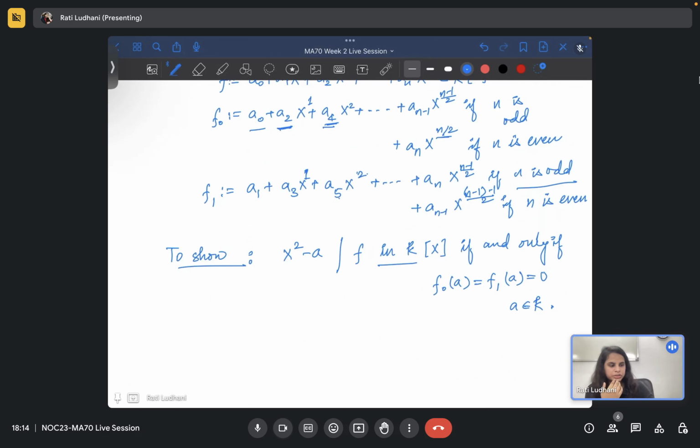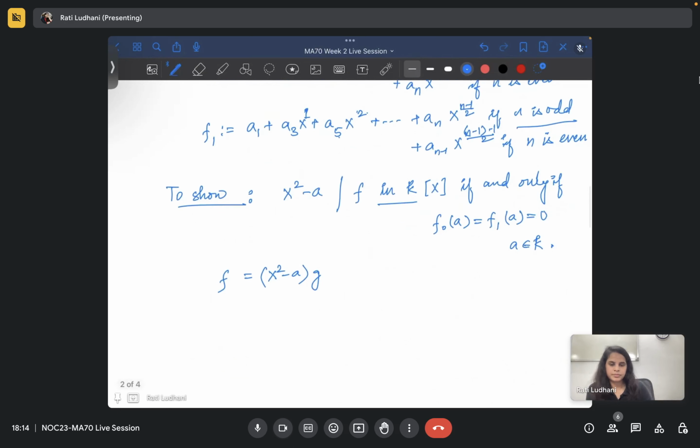Which one? f itself, or have you divided already? No, ma'am. What I'm saying is, suppose x squared minus a into g equals f. Right. Then we can split g into two polynomials.